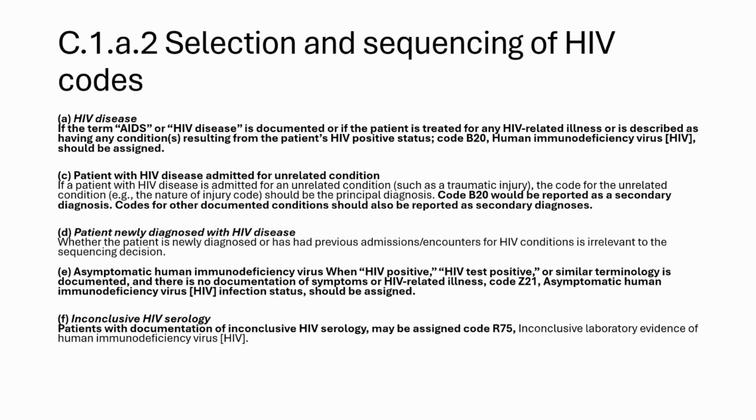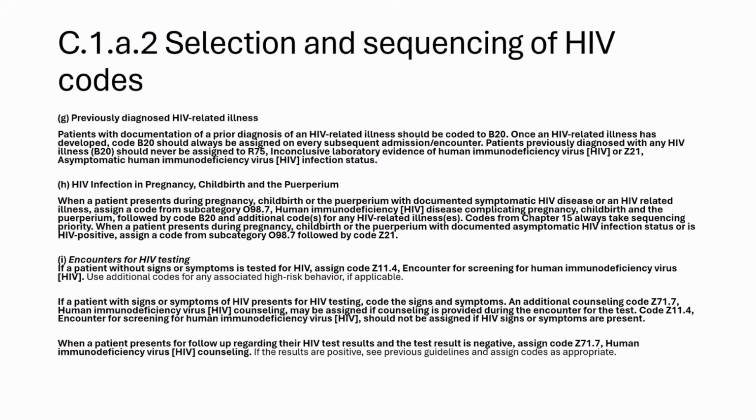If it is inconclusive HIV serology, that's R75. New versus prior diagnosis doesn't change sequencing rules. We follow the reason for encounter logic. Once a patient has ever had an HIV-related illness, they remain B20 on all subsequent encounters. It is never reverted back to Z21 per our coding guidelines.